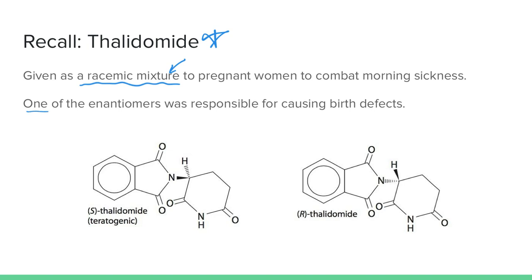One of the enantiomers, it was found after some time, was responsible for causing birth defects, whereas the other one is perfectly safe. And our chiral center is right here. So it can make a huge difference even in the safety of different drugs within the body.